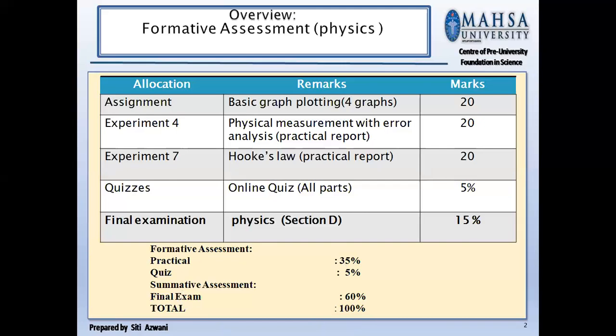So the total coursework or formative assessment is 40%. Then the final is 60%, which comes from section A, section B, section C, and section D. Each section is 5%. Understand or not? The biology part and the chemistry part will be explained by your respective lecturers.